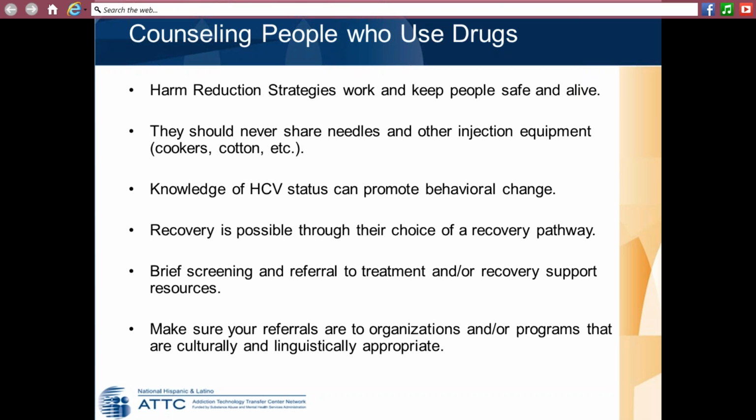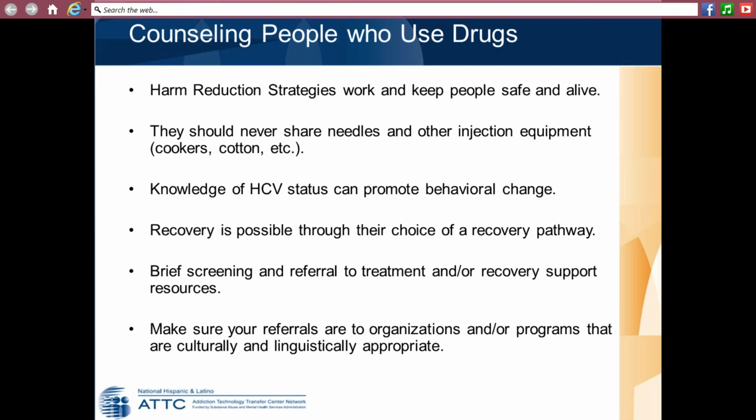And I want to just pause there for a second to say that there are multiple pathways to recovery. Those include faith-based initiatives, medication-assisted treatment, outpatient treatment facilities, and inpatient treatment facilities.